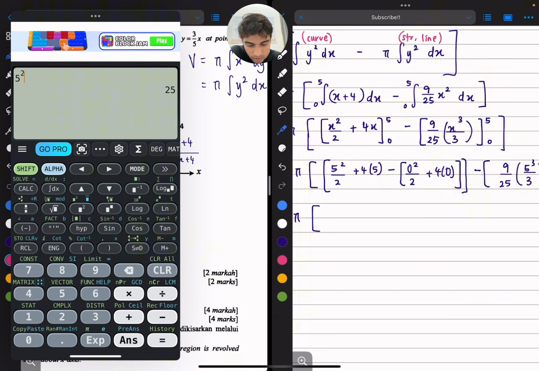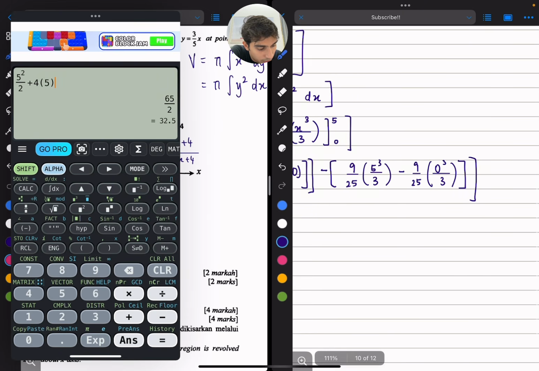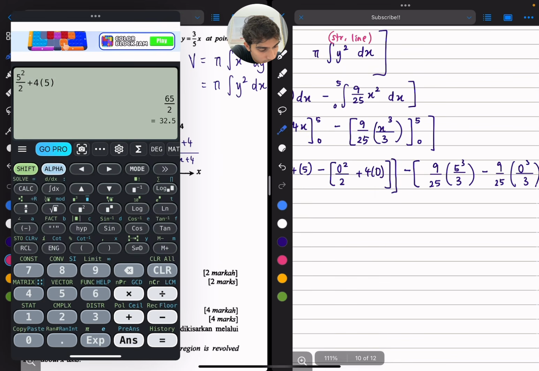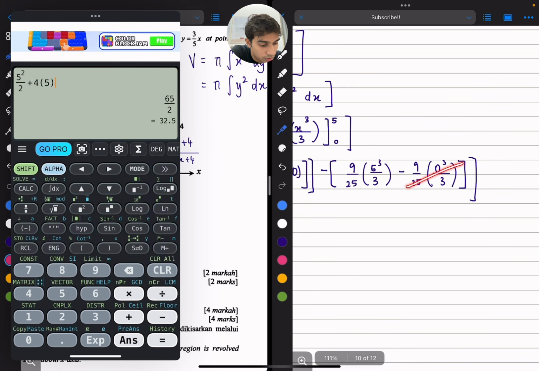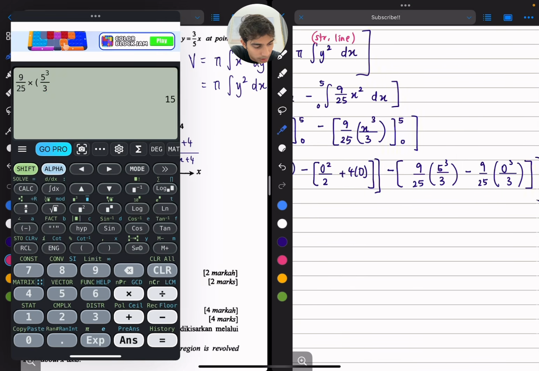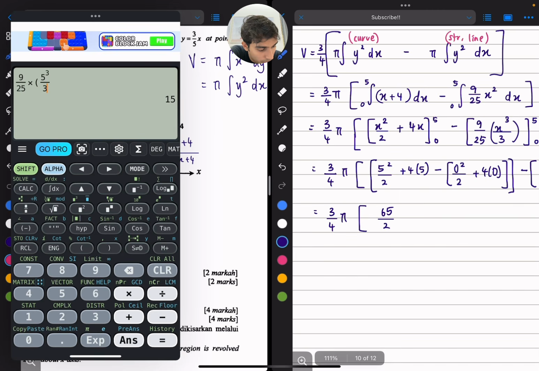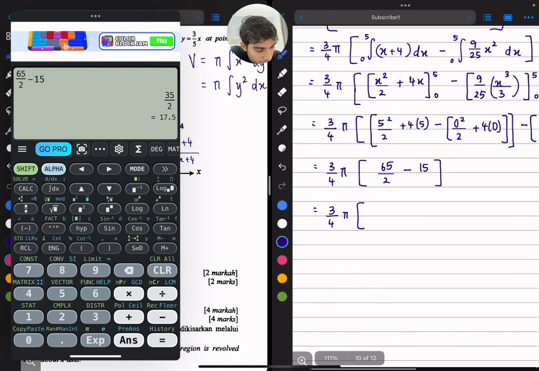So we have 5 square over 2 plus 4 times 5. This will give us 65 over 2. And then minus this guy. So this will also be 0. So you just minus this. 9 over 25 times 5 cube over 3. We get 15. So minus 15. So 65 over 2 minus 15, we get 35 over 2.